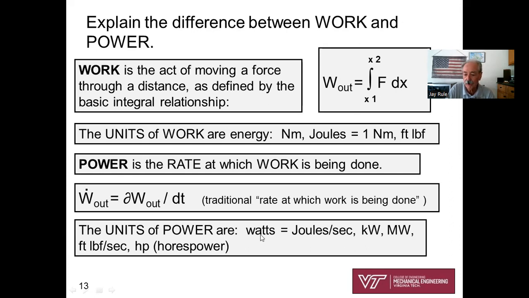So the units of power are watts, also known as joules per second. A watt is a joule per second, or kilowatts, or megawatts, or horsepower. That's the difference between power and work. Very important. That could definitely be covered in a quiz on short answer.